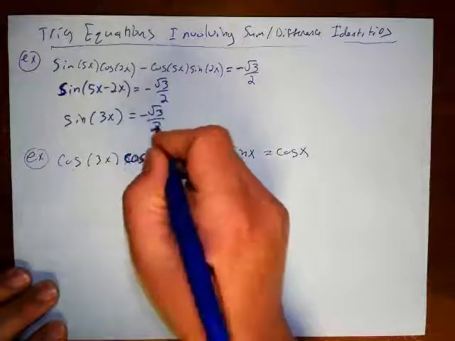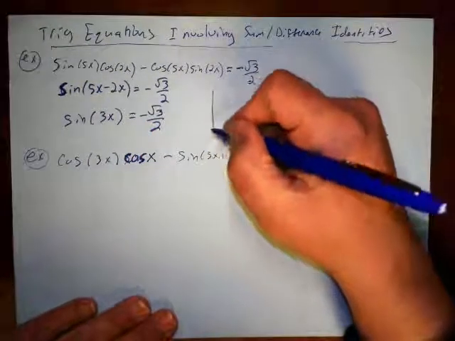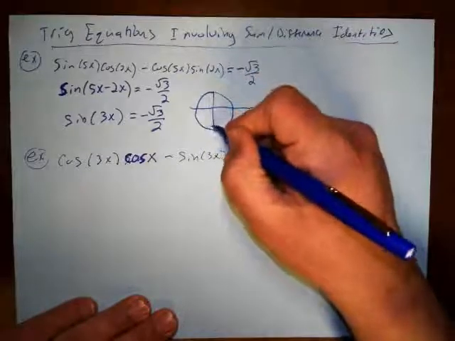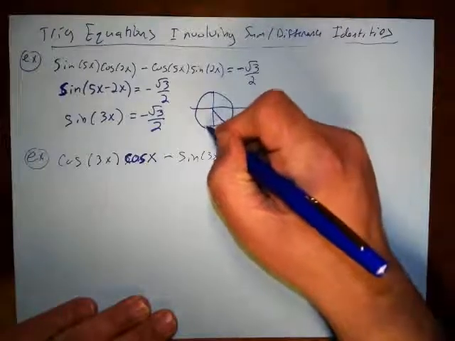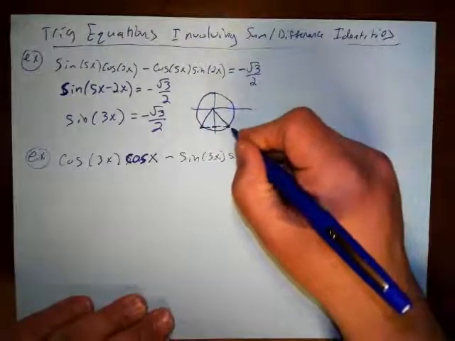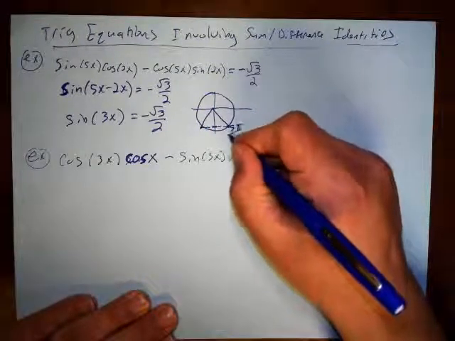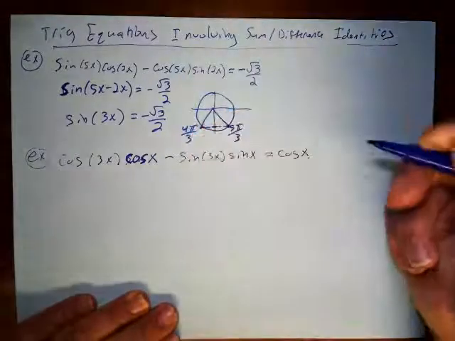of 3 over 2. And that is a multiple angle equation. And so for sine, you'd have negative square root of 3 over 2 down there. So that's a special angle, and this would be 5 pi over 3. This would be 4 pi over 3.